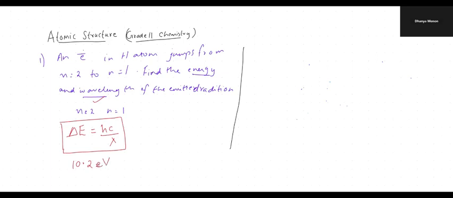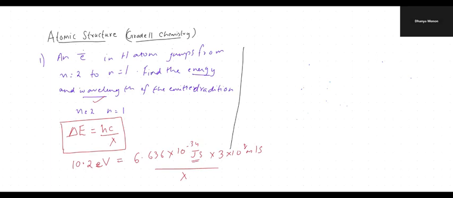Which is equal to, I'm putting the value, 6.636 times 10 raised to minus 34 joule second times velocity of light, 3 times 10 raised to 8 meter per second, by lambda, that is our unknown value that we need to find out. Now here, the value of Planck's constant is in joule second.